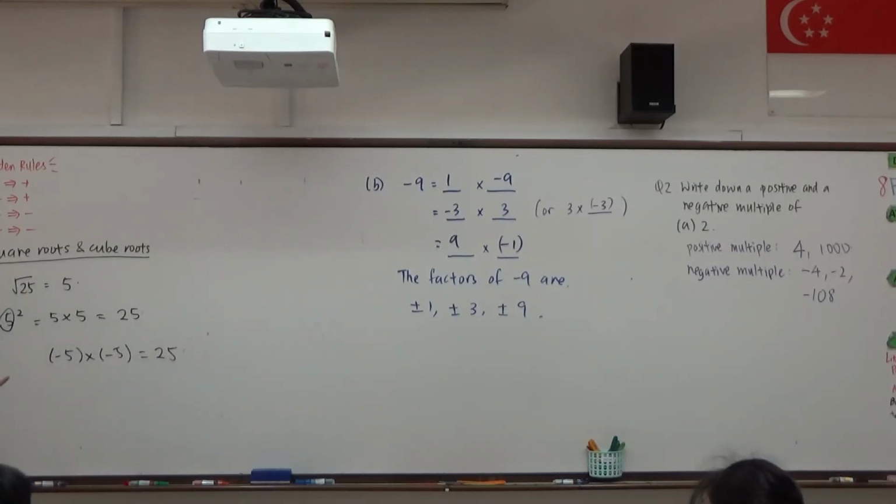Since taking the square root gives us the reverse of square, this one I get 5. What about this one over here? Negative 5 times negative 5 actually represents negative 5 squared.